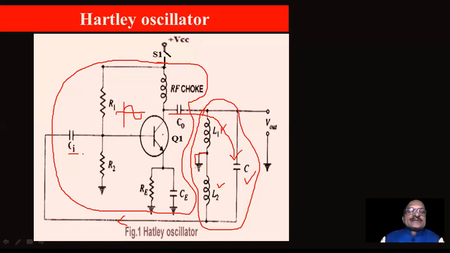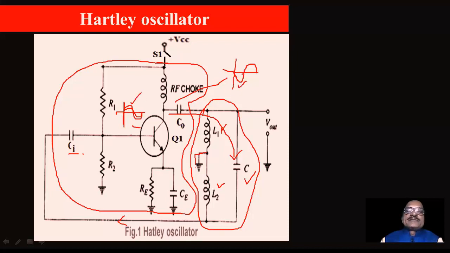Then the phase difference. If we consider that this is the feedback voltage coming at the base of the transistor, when this voltage appears in the collector at this point, there is a phase difference of 180 degrees produced by the common emitter amplifier. So you will get a signal like this. See, here we have a positive cycle, and here we are getting a negative cycle.